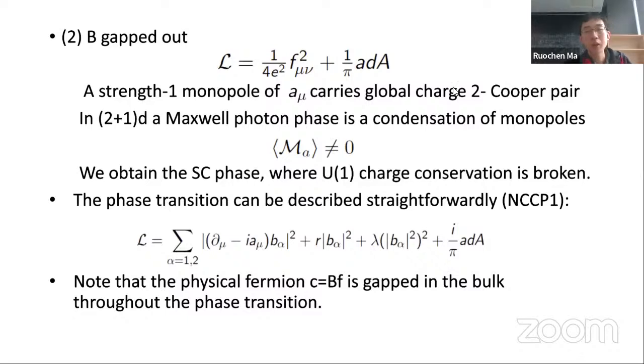To see this, note that the coefficient of this mutual Chern-Simons term is such that a strength-1 magnetic monopole of this little a gauge field, which creates 2 pi flux of little a, carries 2 units of global U(1) charge. So it's simply a Cooper pair.